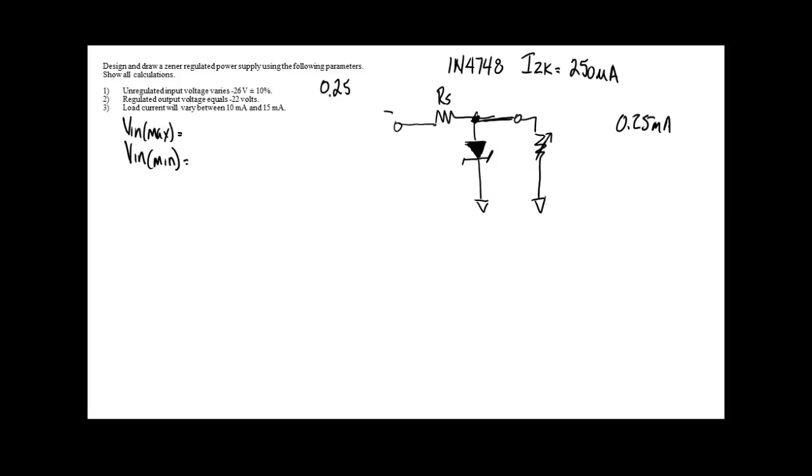We're not calculating the resistor, we're calculating the minimum and maximum input voltage. So the unregulated input voltage is equal to minus 26 volts plus or minus 10%. I'm going to add 10% to that, and I'm going to subtract 10% from that.